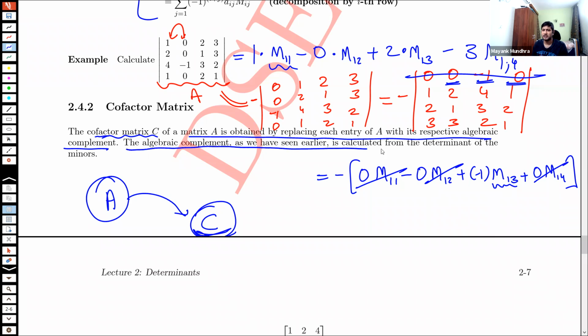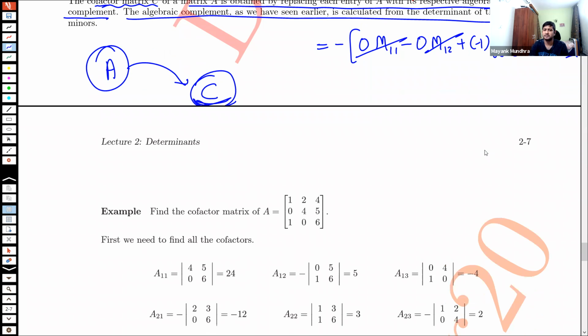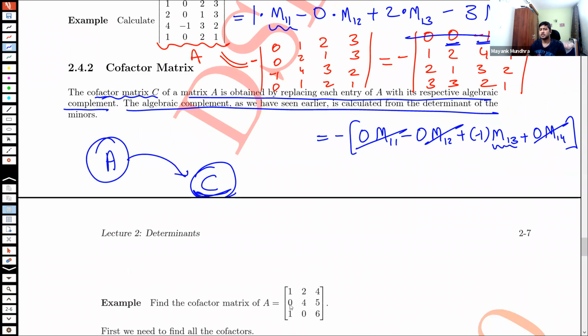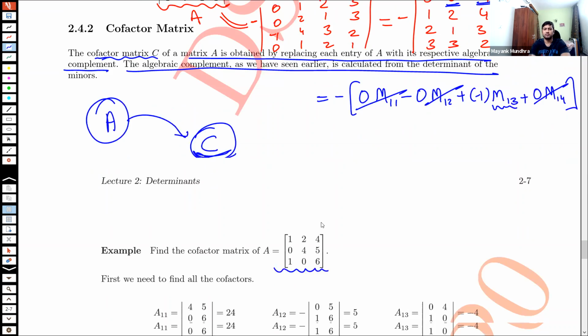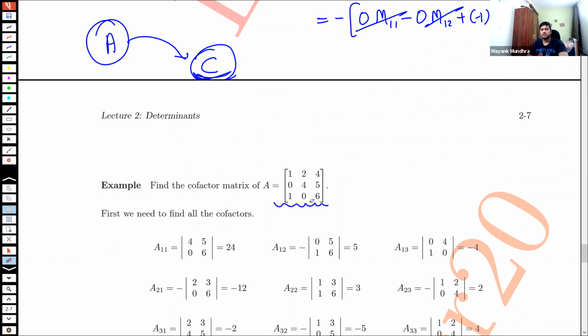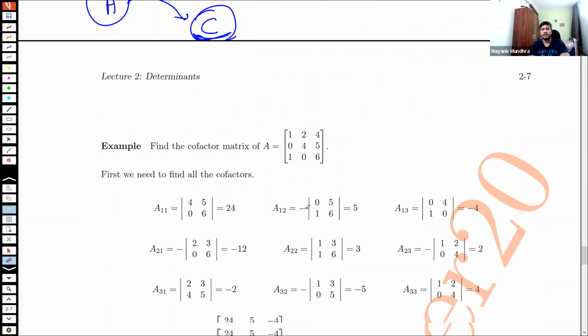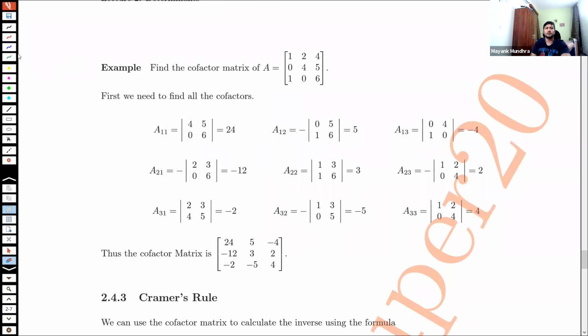The algebraic complement, as we have seen earlier, is calculated from the determinant of the matrix. So suppose you have this matrix. Let's do this example first, and then I'll give you another matrix to find the cofactors of.